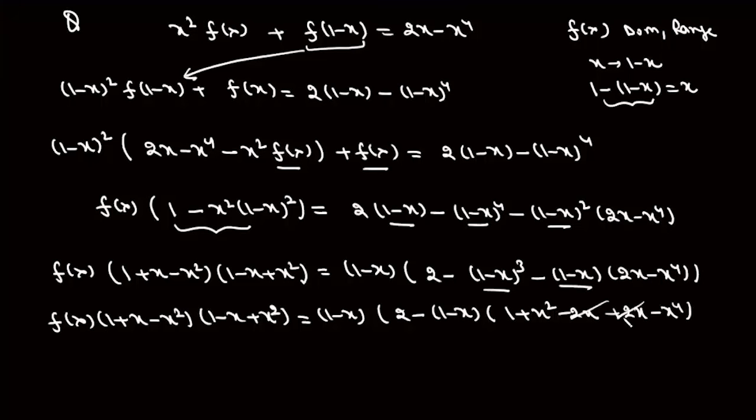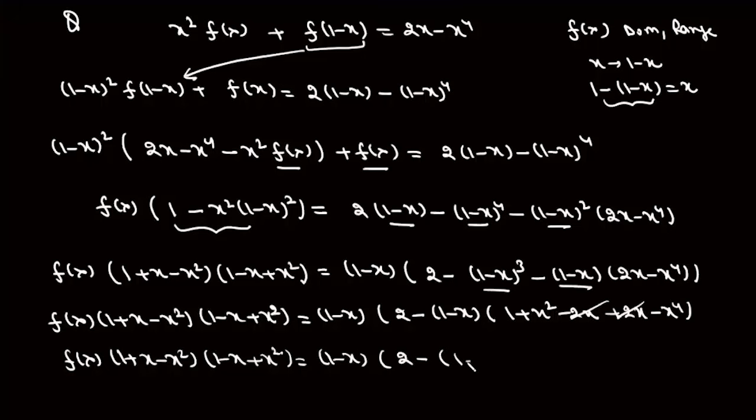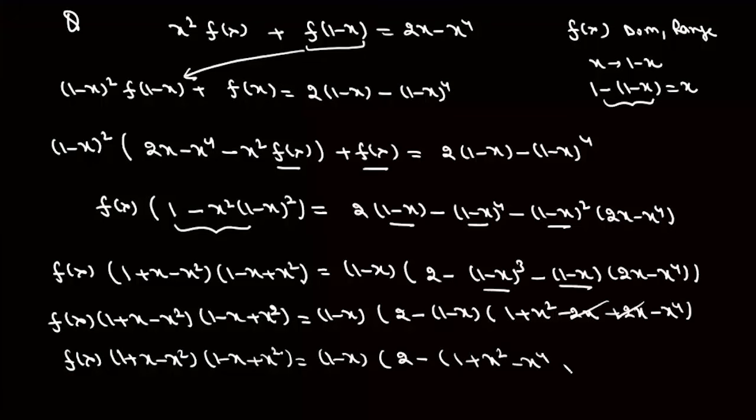Now this 2x and 2x will cancel. We can write this as f(x) into (1 plus x minus x square), (1 minus x plus x square). This is (1 minus x), and here will be this 2 minus, and this is 1 plus x square minus x to the power 4, and then minus x cube plus x to the power 5.